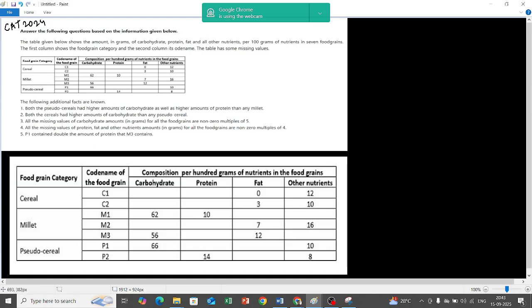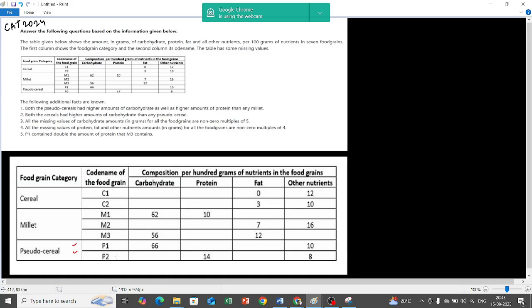Both the pseudo cereals, meaning the last ones, had higher amounts of carbohydrate as well as higher amounts of protein than any millet. Try to understand.